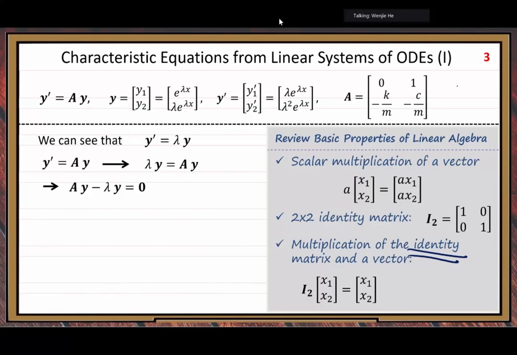Because 1 times a number A equals A. So if you apply a certain operation, here multiplication is the operation, the identity element and a general element give the result that same general element.